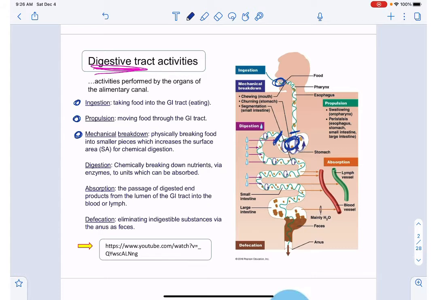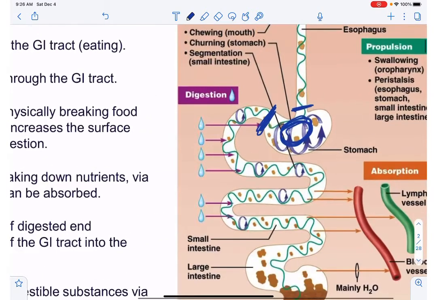What about the small intestine? That's the next location. Are we going to have mechanical breakdown in the small intestine? And the answer is yes. And we'll go through this specific type of movement, but basically the smooth muscle layers in the small intestine are going to be moving this food back and forth and pinching it in half.